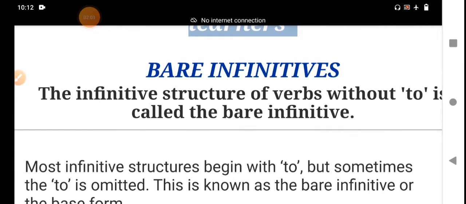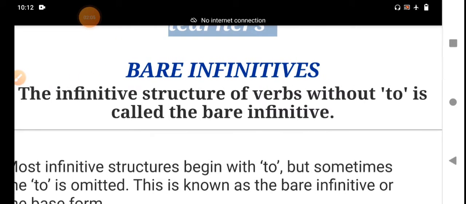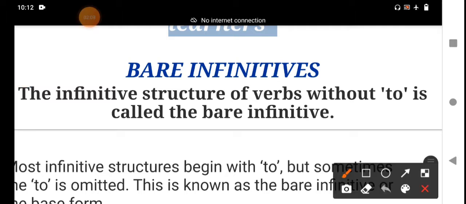The infinitive structure of verbs without to is called the bare infinitive, the zero infinitive, the plain infinitive, the base form, the root form, a present form of the verb. Before adding to in front of the infinitive, that means verb, it is called to infinitive.